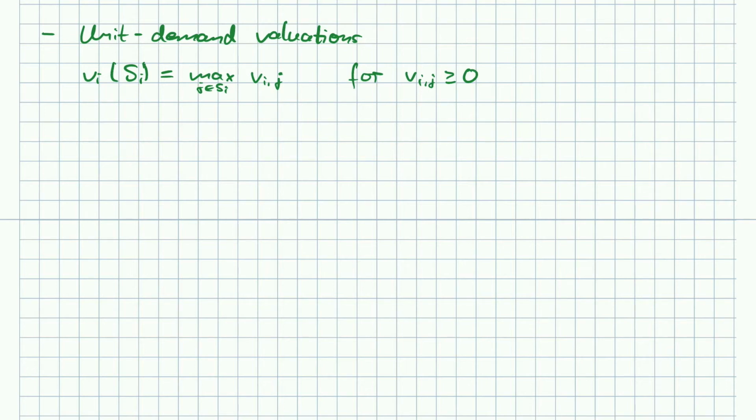We can now think of this as follows. We have, for example, these 3 buyers, and we have 3 items. And generally, we could now give each of the buyers, maybe we could even give all 3 items to buyer 1.